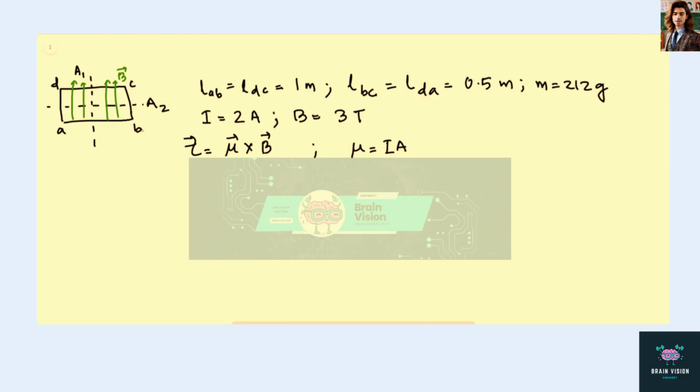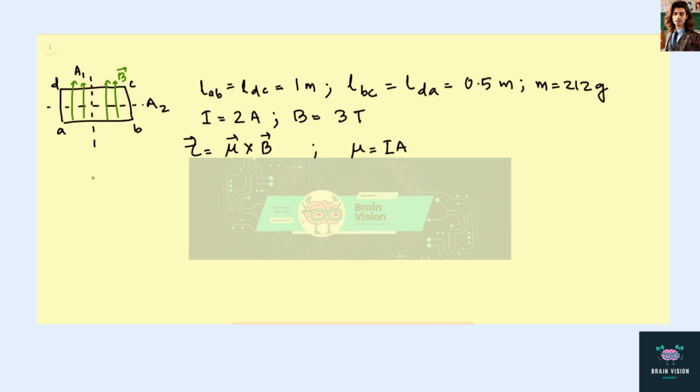In this particular case, if the current is clockwise, then mu should point out of the paper, and if the current is anti-clockwise, mu should point into the paper.